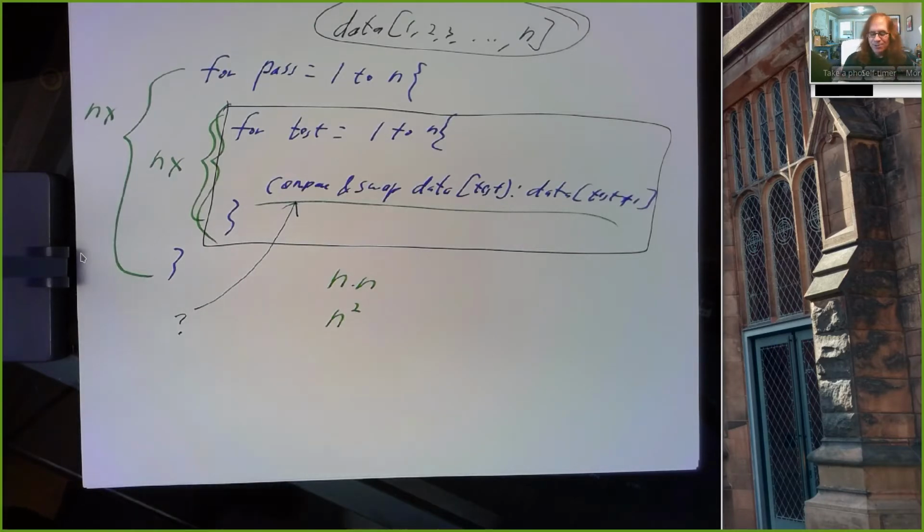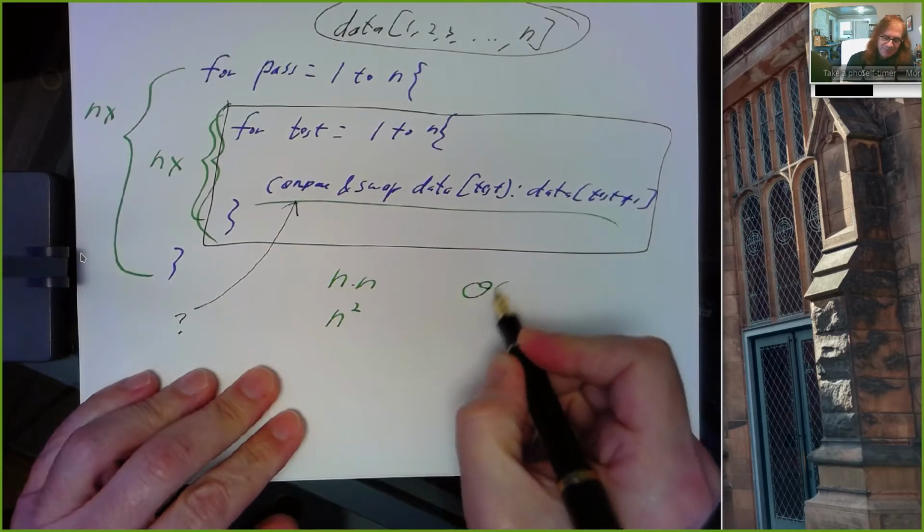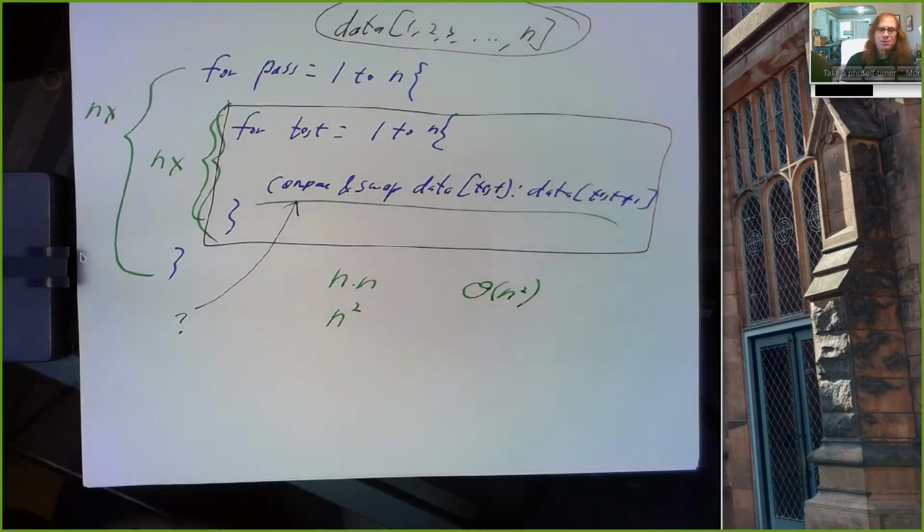All right, so we're going to talk a lot about order of complexity, and this is an example of what we would call an order n squared algorithm.